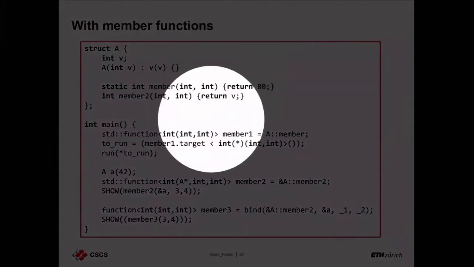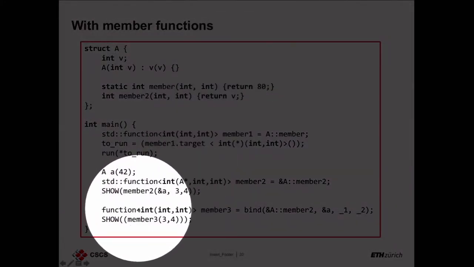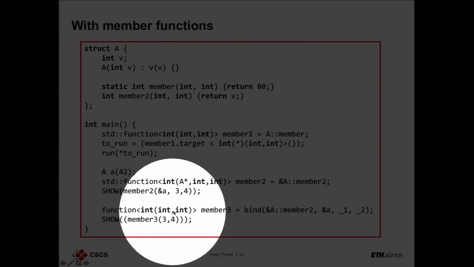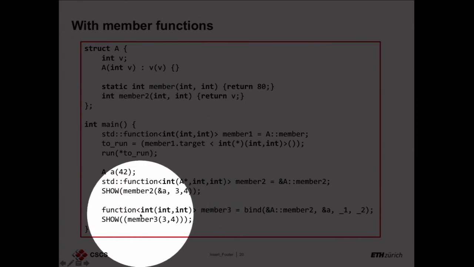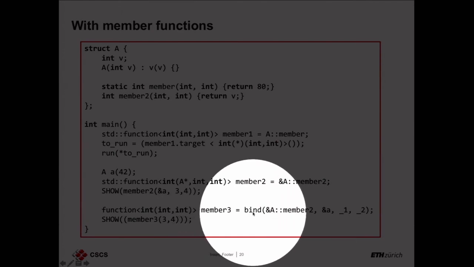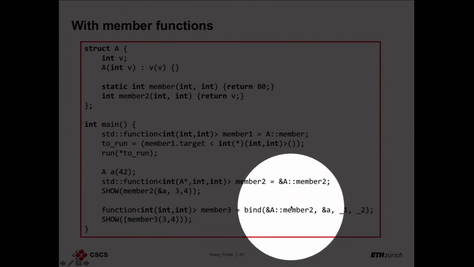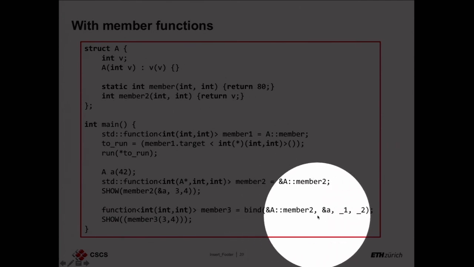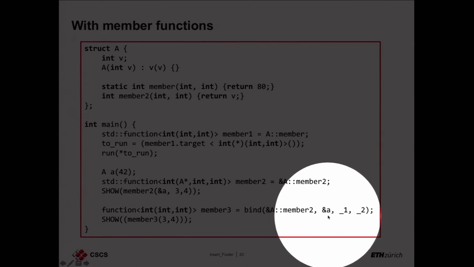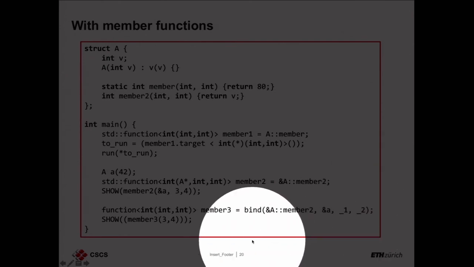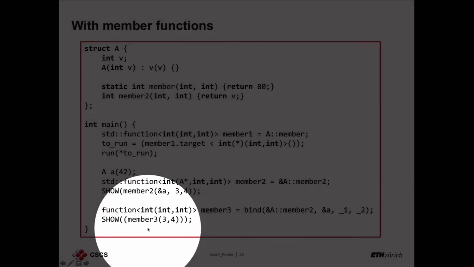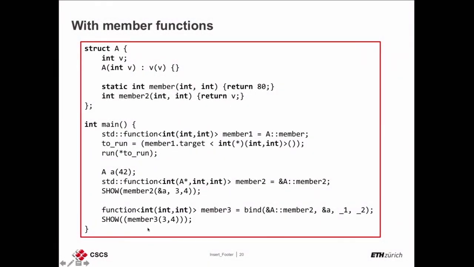And then what you can also do is a std::function of the same function that returns an int and takes an int. And now I bind my member2, this non-static member function, and I can bind the first argument to be the address of a, and with the placeholders 1 and 2, and now I can call this function as if it was a regular function. Because the object has already been bound, I will call the member function of that particular object.